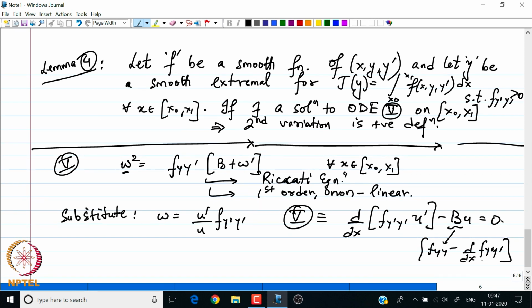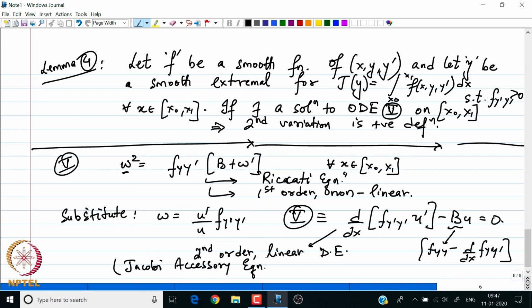Note that this is a second order linear differential equation, also known as the Jacobi accessory equation. So, this is certainly a step forward in solving the ODE because this is slightly easier to solve.